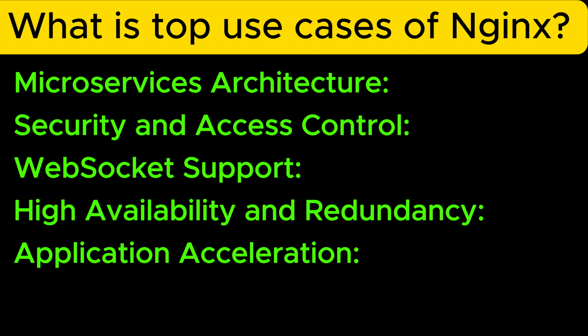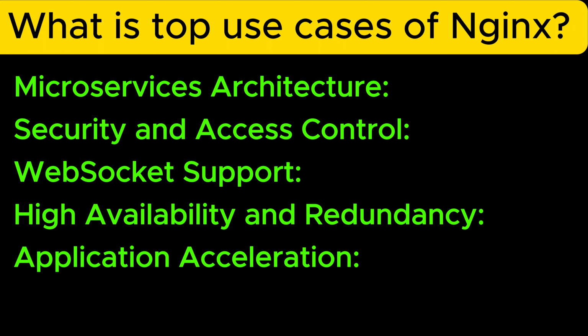For application acceleration, NGINX can accelerate application performance by serving as a front-end proxy for application servers, optimizing the delivery of dynamic content and reducing latency. It can also act as a proxy server for mail protocols like IMAP, POP3 and SMTP, helping balance mail traffic across backend mail servers.